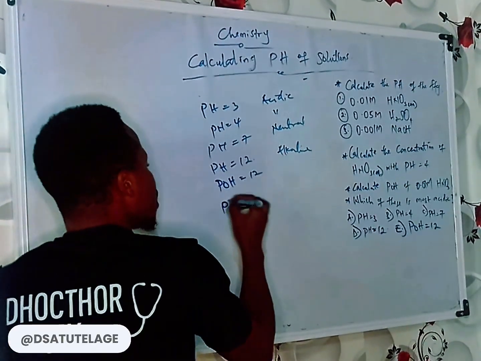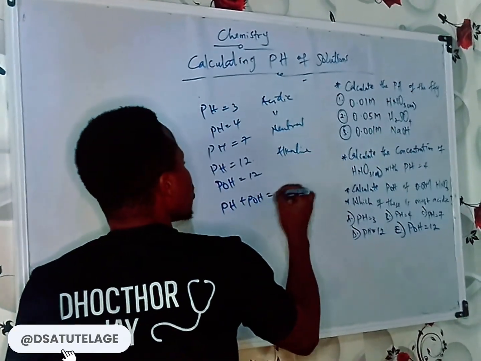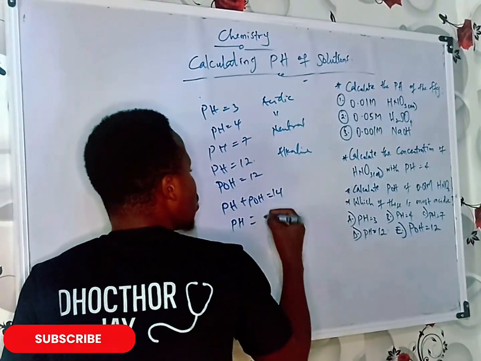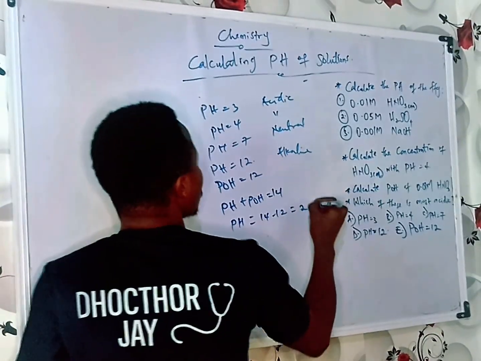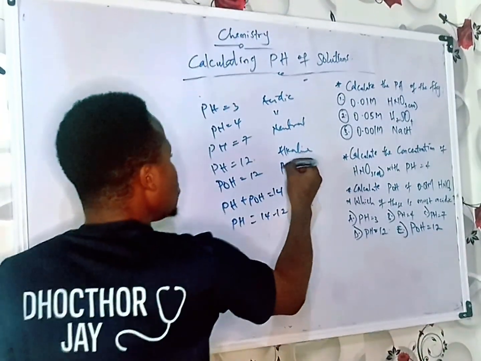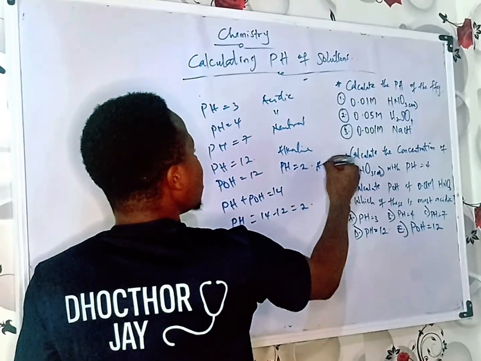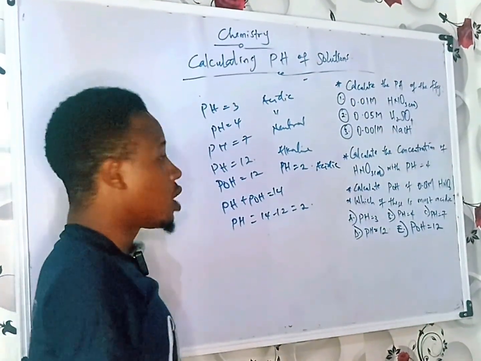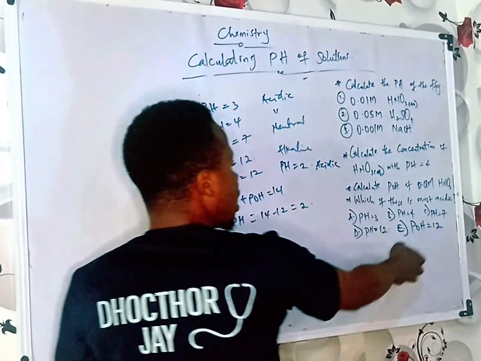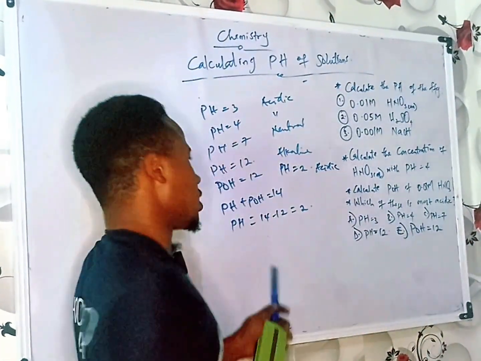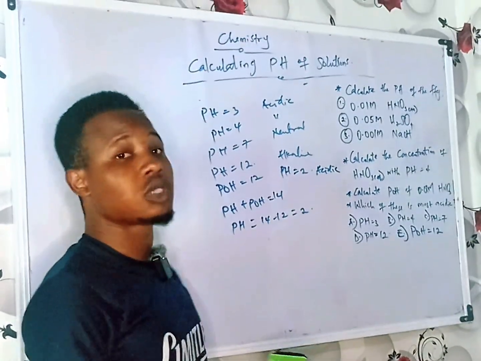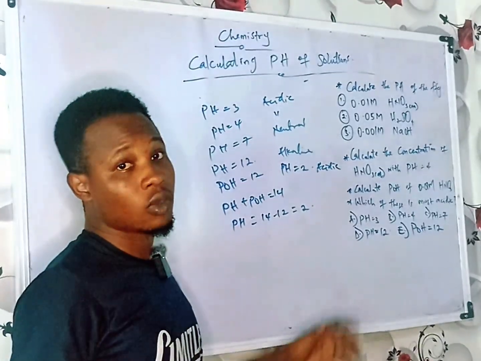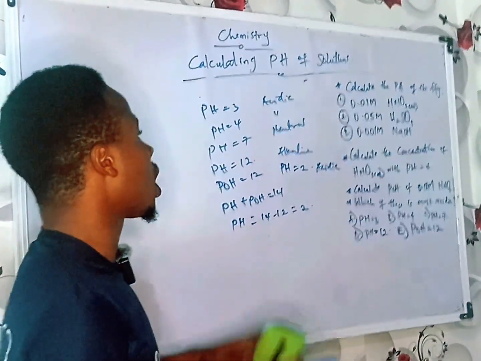If pOH equal to 12, we say pH plus pOH equal to 14, right? So it means that the pH of this will be 14 minus 12, which is what? 2. Now that even tells us that the pH of this thing is 2, and it is even the most acidic of everything that we have here. Do you get now? So it means that the fact that they give you pOH of 12 does not mean that it is alkaline. If you are trying to check for acidity or alkaline nature, you have to use your pH. All right. So that will be all that we have here.